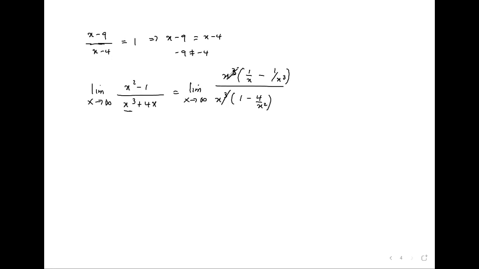So that this guy cancels, we remain in the limit as x goes to infinity, 1 over x minus 1 over x3 over 1 minus 4 over x squared. This is 0. This is 0 over 1 minus 0. So we have 0 over 1, which is 0. So the asymptote will be 0.